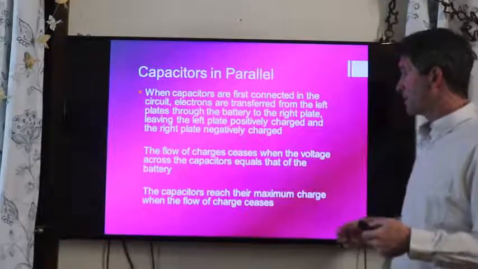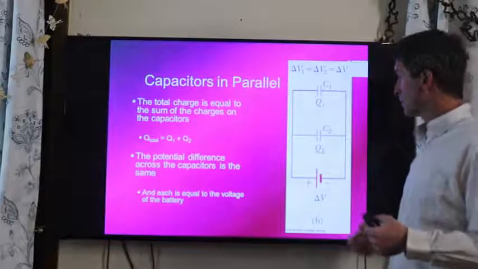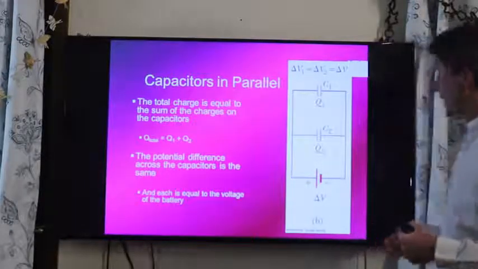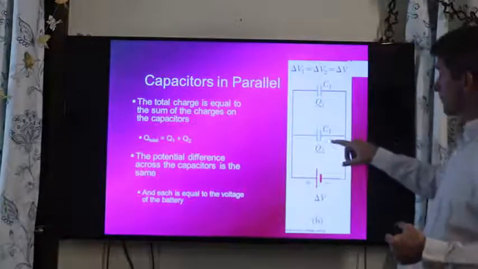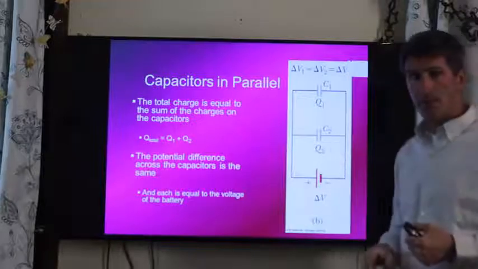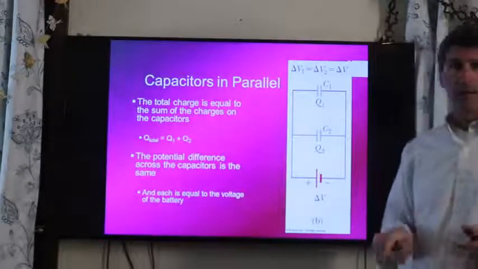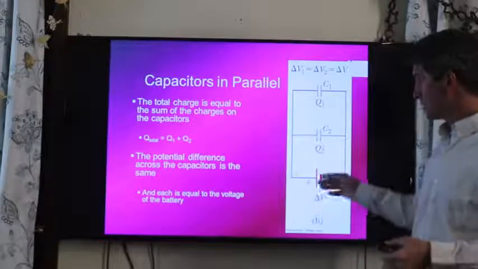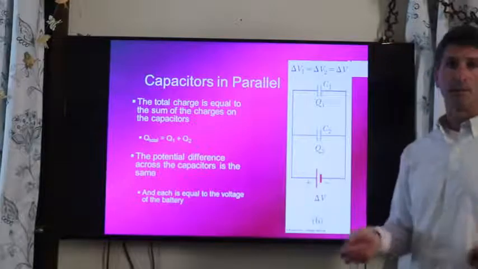Basically, the capacitors will charge until they're completely full. But the capacitance of the first one and the capacitance of the second one determine how much charge they build up, and that's completely independent of what the other one is doing. Both will charge according to whatever voltage is coming out of the battery because they're in parallel.